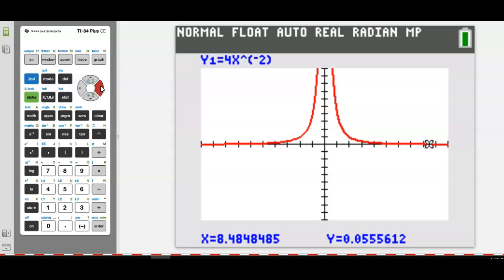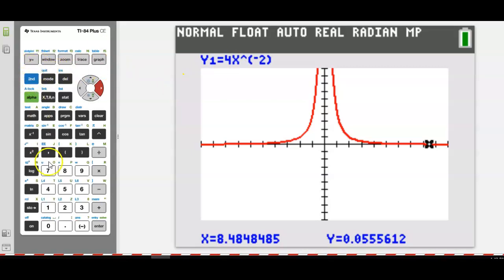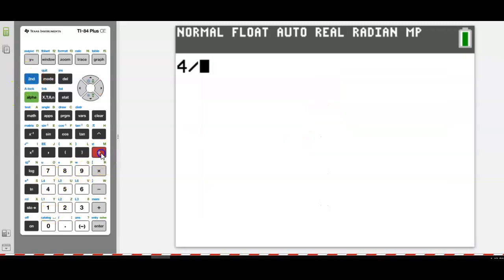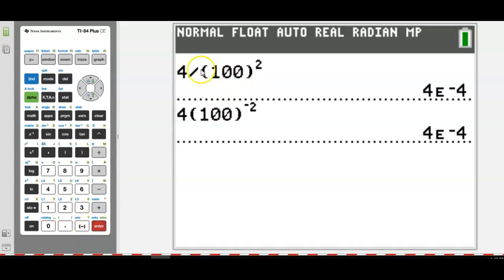It might round eventually to 0 because of calculator error if you went out enough places, but if you divide by a really big number, so if we went out to 100, on the home screen, 4 divided by 100 squared, or 4 times 100 to the -2.